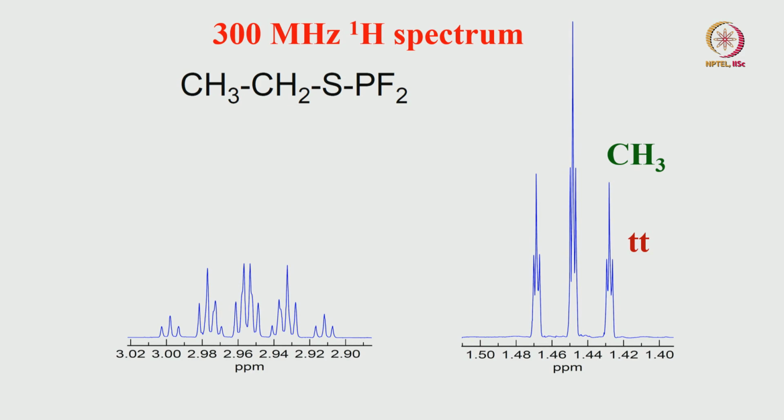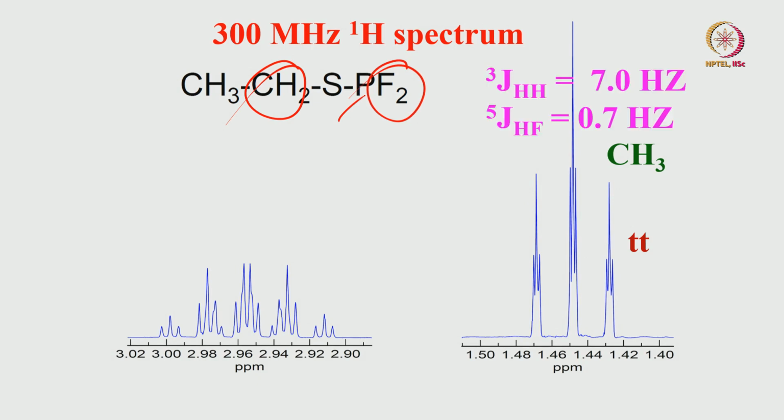The first triplet is because CH3 is coupled to CH2, and each line of the triplet is split into another triplet because of F2, and phosphorus is not coupled to this. I can measure the separation. I know the HH coupling between this and this is 7 hertz. I know the 5 bond coupling is 0.7 hertz. We got a triplet of triplets. Phosphorus is not coupled here. What about this one?